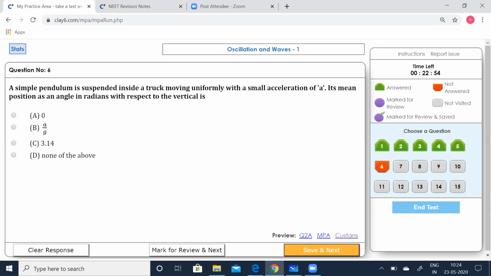A simple pendulum is suspended inside a truck moving uniformly with a small acceleration of A. Its mean position, as an angle in radians with respect to the vertical, is what? So two components of acceleration are going to be felt by the mass of the simple pendulum inside the truck.